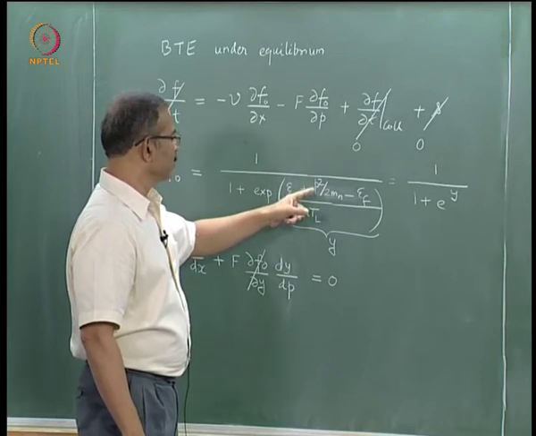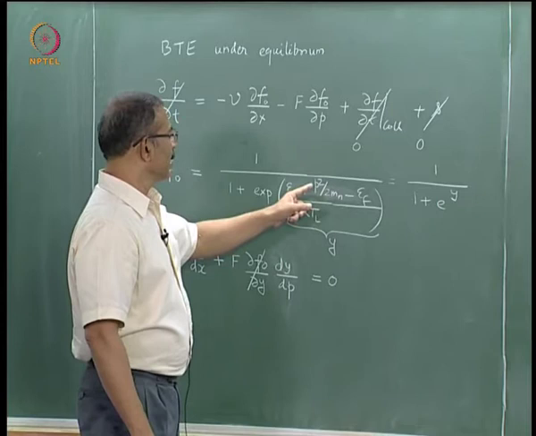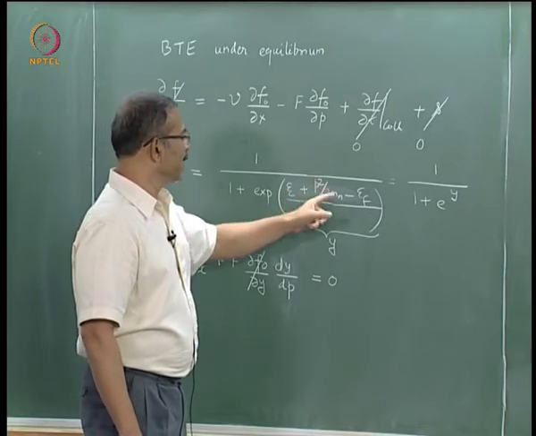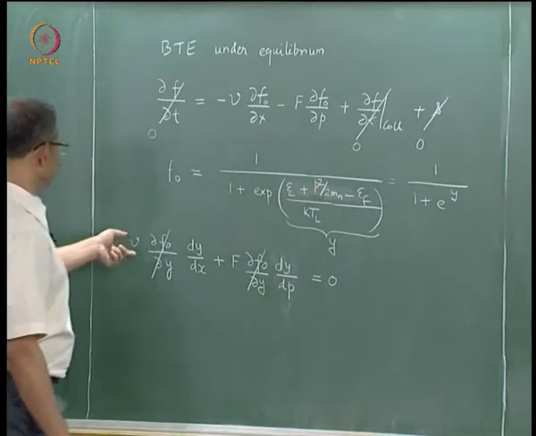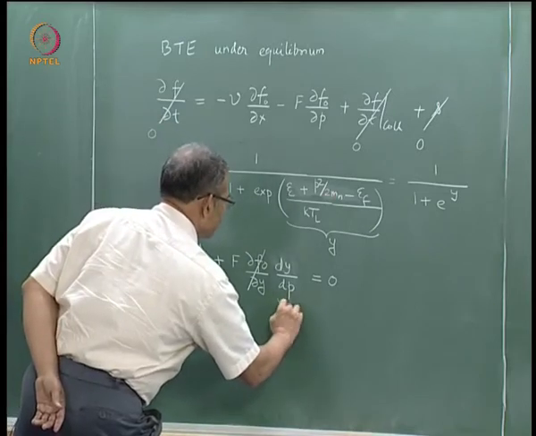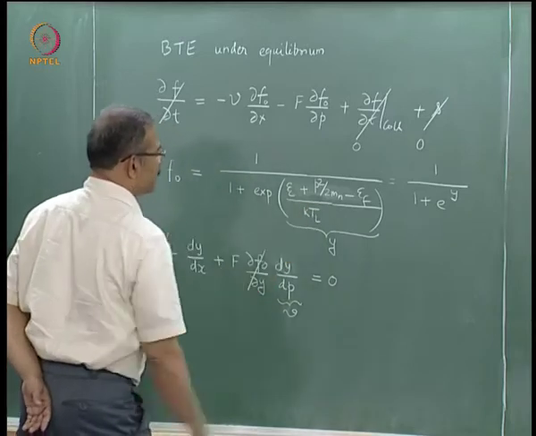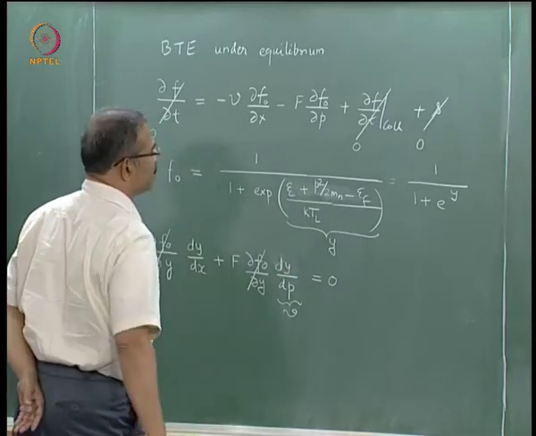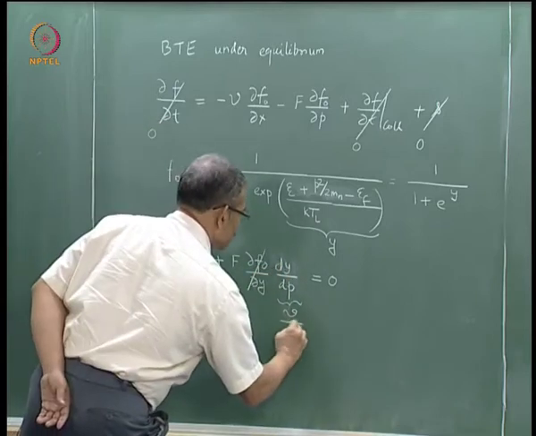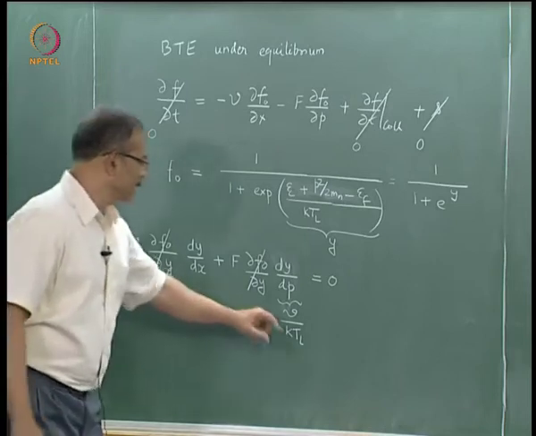So if you take the derivative of this with respect to p, I will get 2 times p by 2 mn, which is p by mn, and p by mn is nothing but the velocity v which we are using here. So this dy by dp is velocity, but there is a k times TL in the denominator. TL is again not a function of t, you can treat it as a constant. So this is v by k times TL.